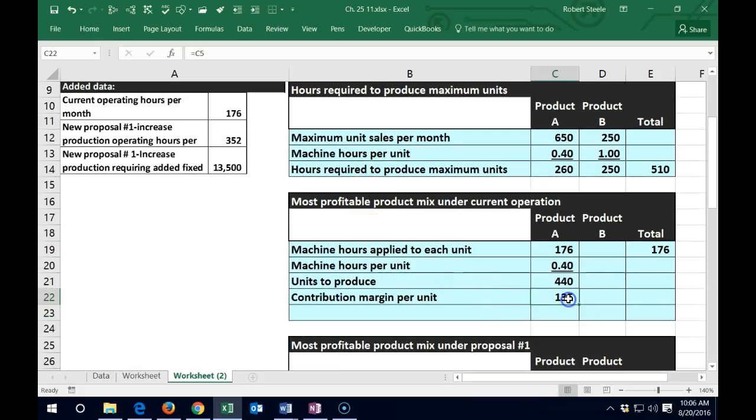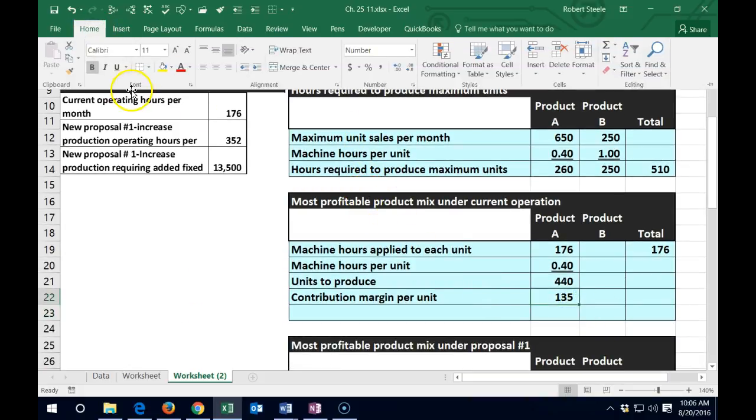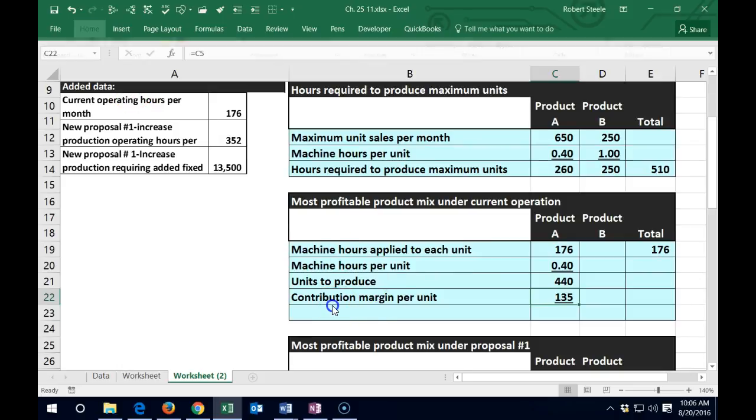I'm going to go ahead and underline that. I'm going to go to the Home tab, go to the font group and underline that. And then we'll multiply that out, and that'll give us the total contribution margin for the current operation. So I'm going to say this equals the 440 times the 135. And of course, nothing's in B, so the total is just the total plus 0, because we have no activity in B, because we're only producing A under this scenario.